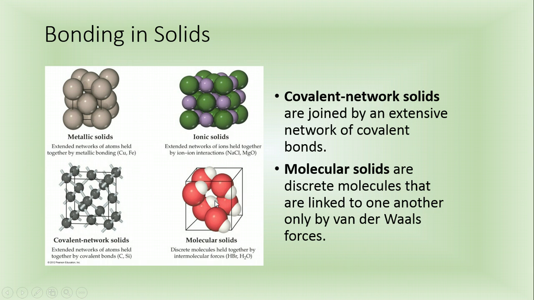Versus these molecular solids, a lot of these substances we've talked about already, HBr, H2O, they are attracted to each other by those intermolecular forces, and once those are overcome, which is a lot easier to do and takes a lot less energy than breaking covalent bonds, we'll see that their properties are reflected in being a lot weaker, with lower boiling points, lower melting points, etc., versus the covalent network.